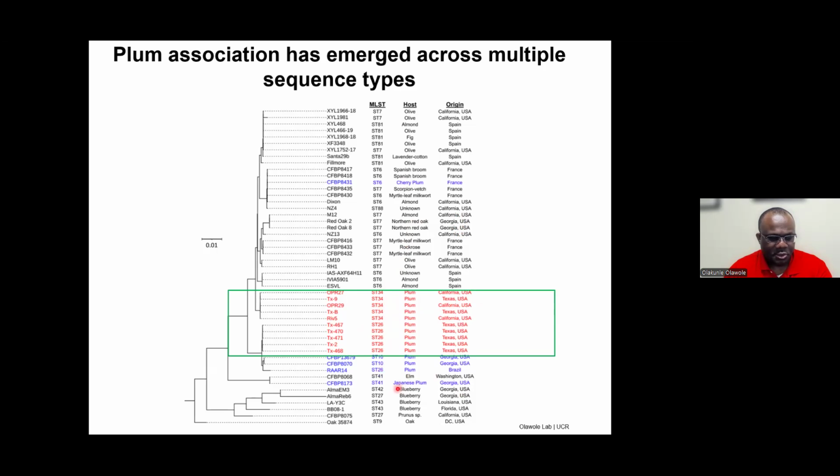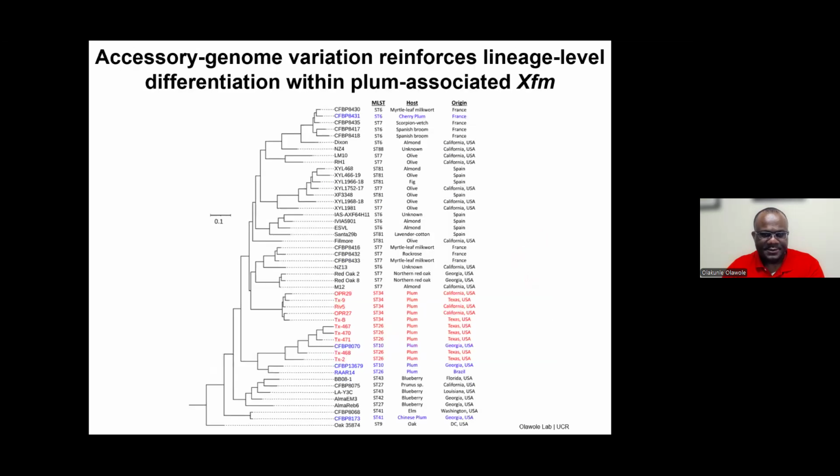Additional plum isolates occurred, which include the ST6, the ST10, and also the ST41. So this kind of indicates multiple independent evolutionary backgrounds for these plum-infecting isolates.